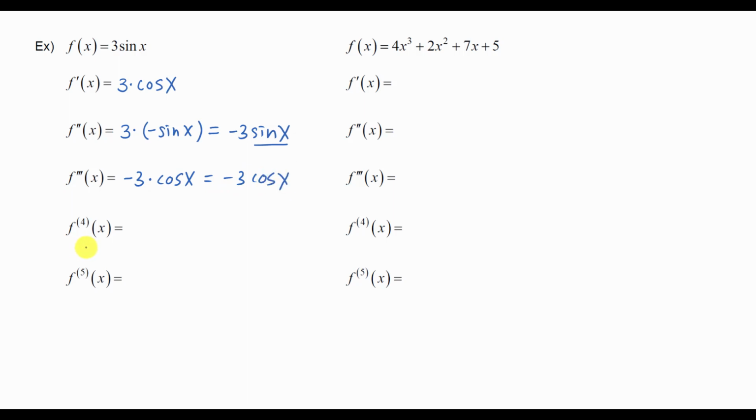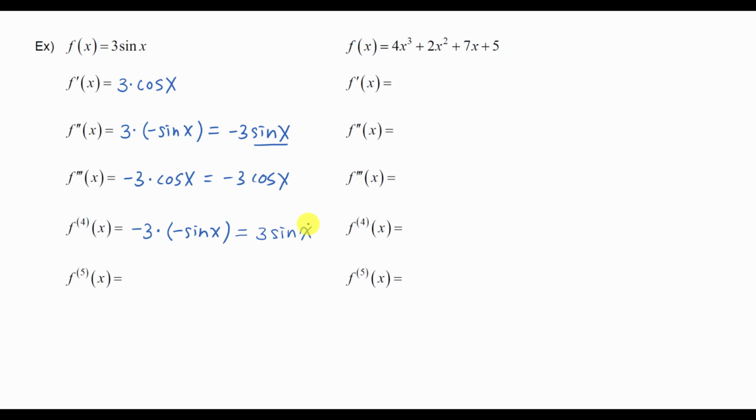And what will be the fourth derivative of this function? You leave the negative 3 the same, and the derivative of cosine x will be negative sine x. Negative 3 times negative sine x is positive 3 sine x. You notice that the fourth derivative of f of x is back to the same as f of x.